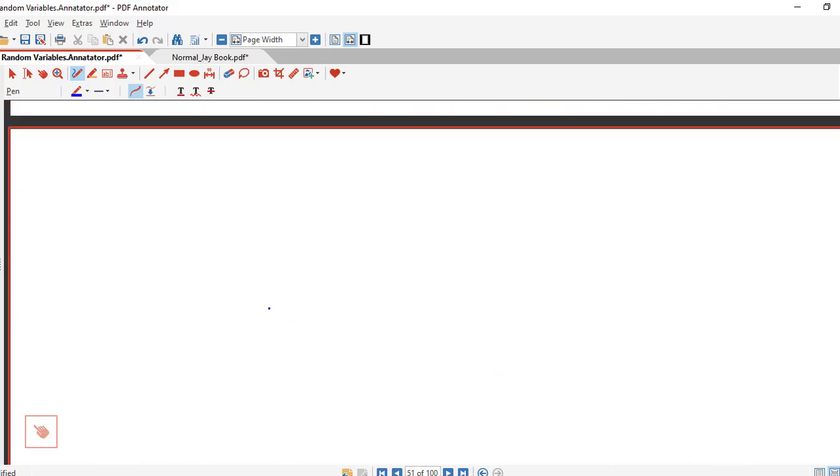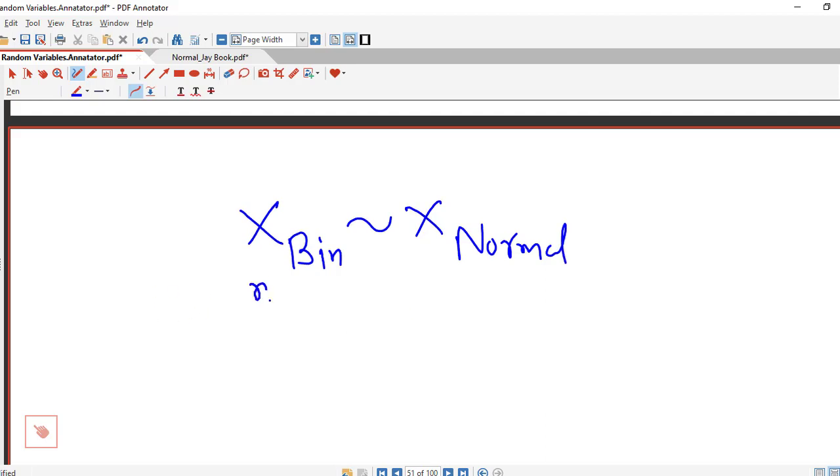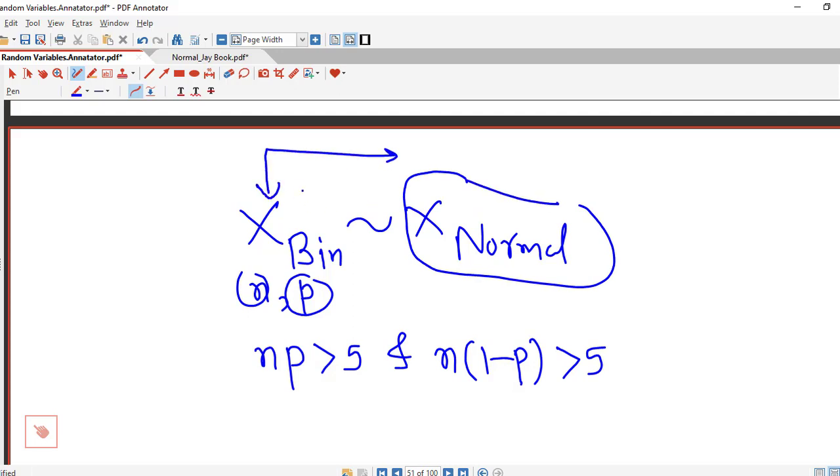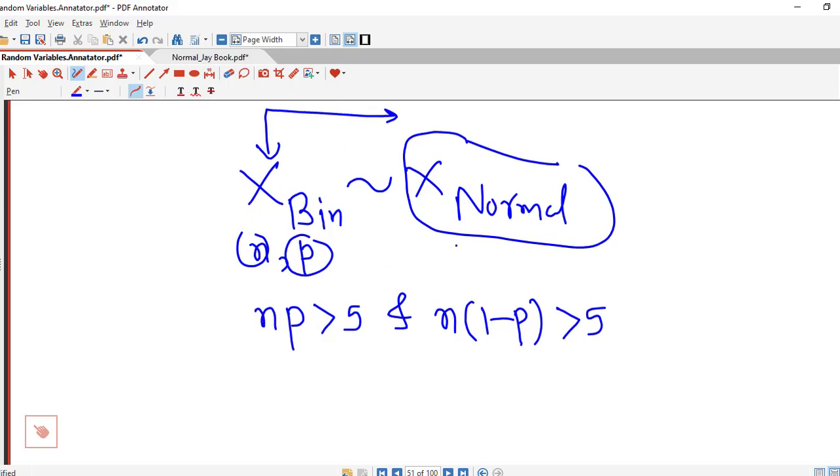So in this way sometimes we can approximate the binomial distribution using the normal probability distribution, and we will remember this condition: if the parameters of the binomial distribution are n and p, and if np is greater than 5 and n(1 minus p) is greater than 5, then the normal distribution is a good approximation for the binomial distribution, and we can easily calculate binomial probabilities using normal probabilities.